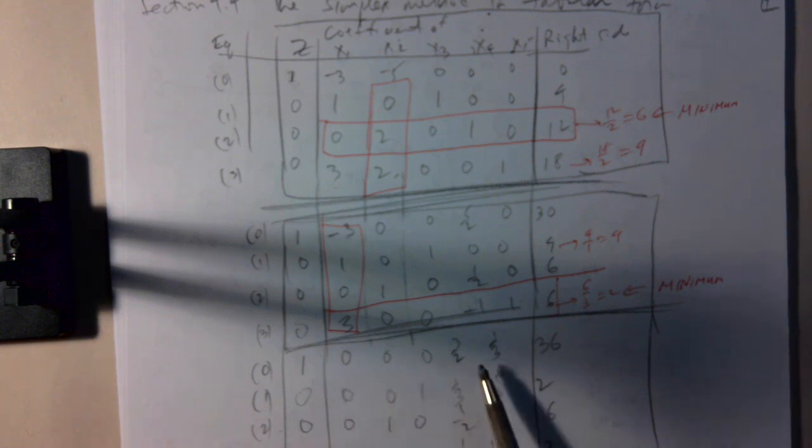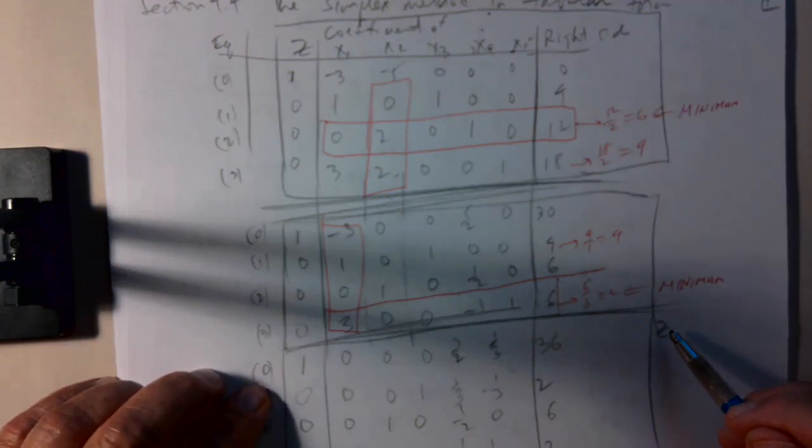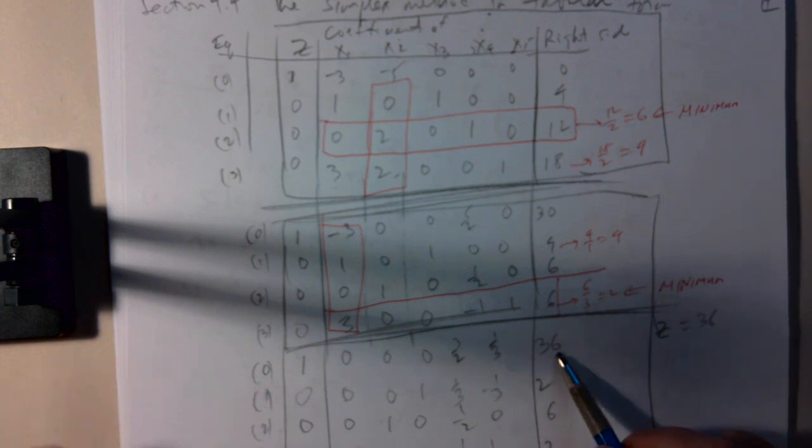And now there's no negative number in this 0 equation, in the z equation. That means I've reached my maximum. What are the values of the variables? Z, you have 36.